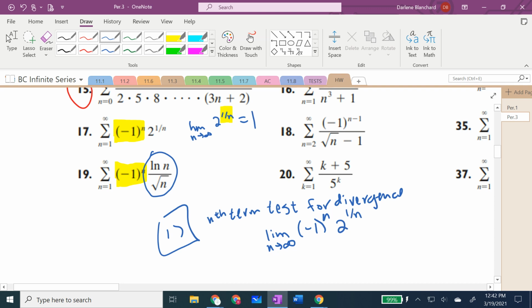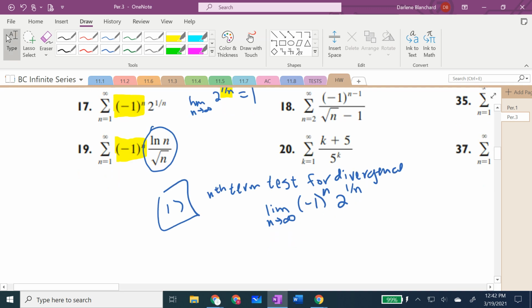Now, it does not exist because it's oscillating between 1 and -1. Your main thing is just you need to say this is a limit that does not exist. That's all you need. Diverge, due to that nth term test for divergence.